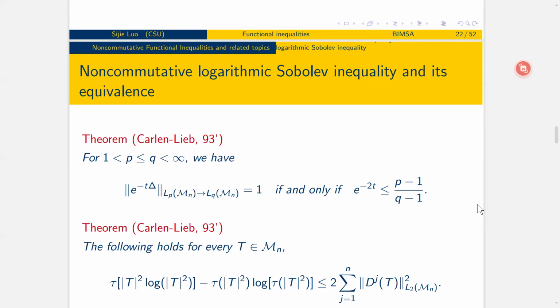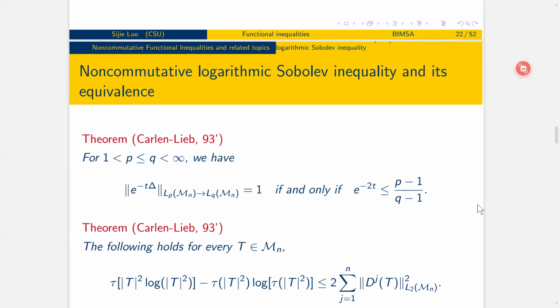And also, we were interested in the log-Sobolev inequality, and this result is earlier than the Poincare properties. It was proved by Carlen and Lieb in 1993. They proved that all these inequalities are the same as the classical inequality on the hypercube and Gaussian space.